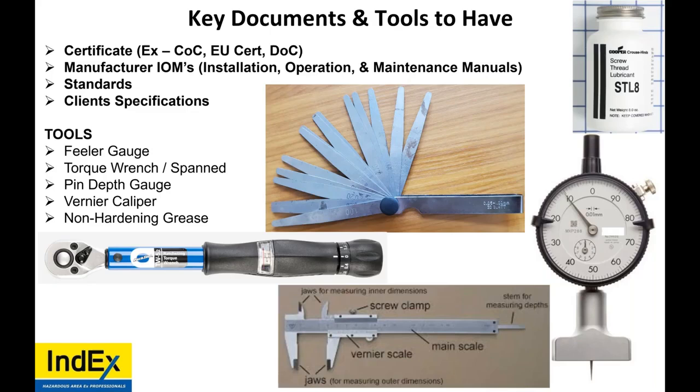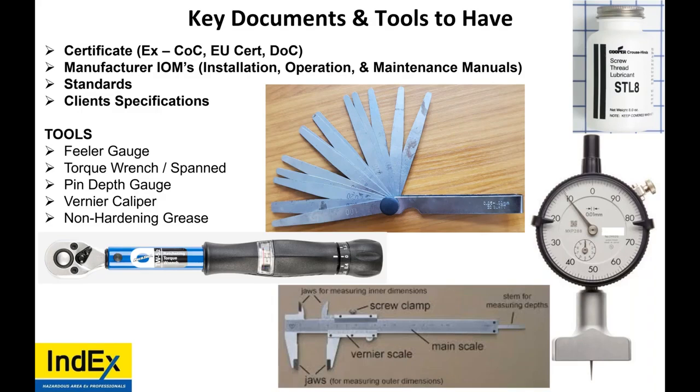Now, key documents and tools to have. What do we need? Well, the three most important documents that anyone would need would be, first, the certificate, whether it be IECEx or ATEX certificate, or declaration of conformity. That takes the number one precedence.